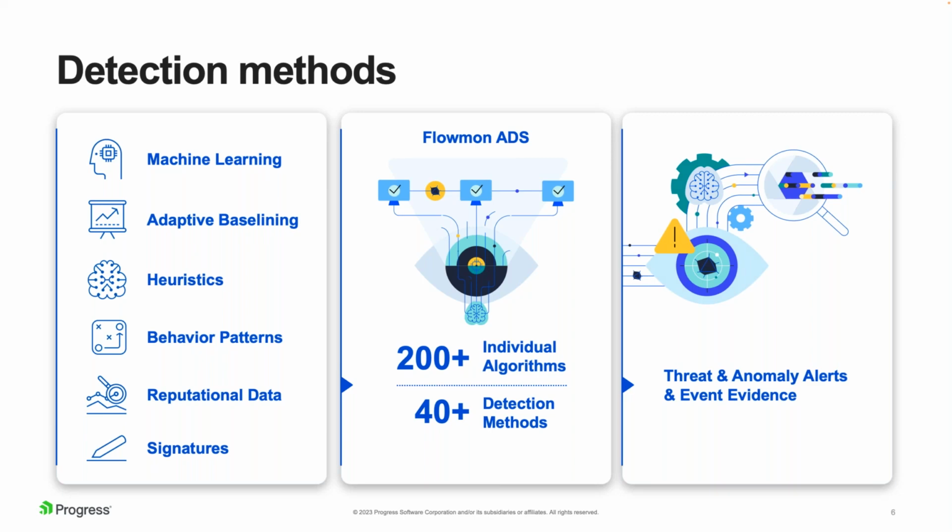We do not rely on signature-based detection. The whole value of NDR solutions is that they don't rely on signatures, but we provide it so it gives additional insight. All of these detection methods are then compiled in more than 200 different algorithms and 40 plus detection methods to provide threat and anomaly alerts and evidence for security operators so they can react.